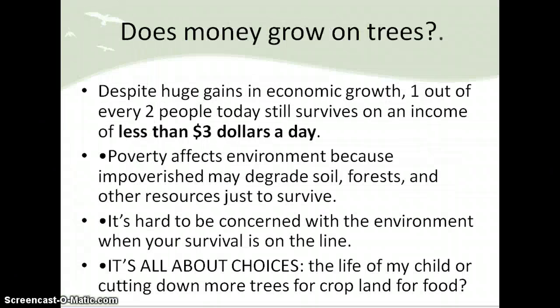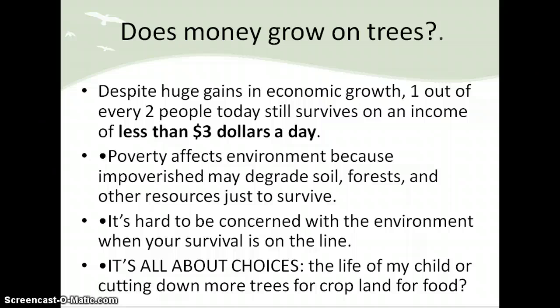Despite economic growth that has occurred primarily in developed countries, about 50% of the people today still survive on an income of less than $3 a day in developing countries. Poverty affects the environment because people who are impoverished need area to farm. They cut down forests to grow food so that they can sustain their family.